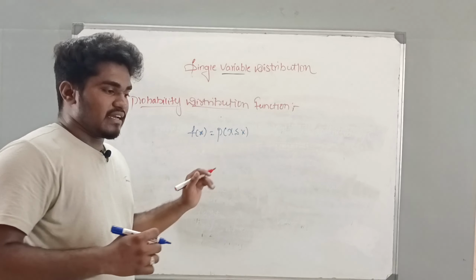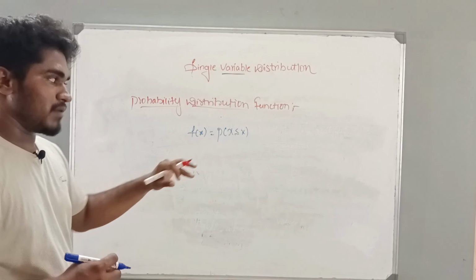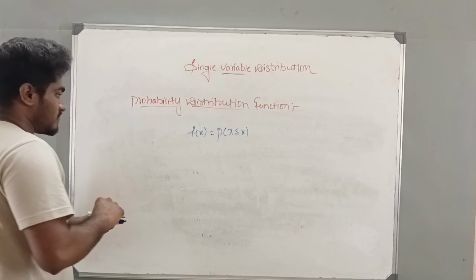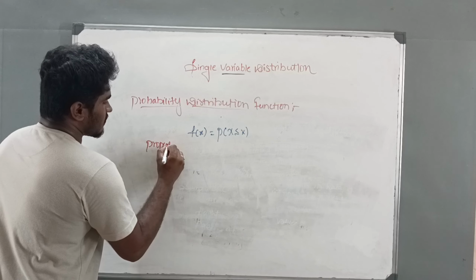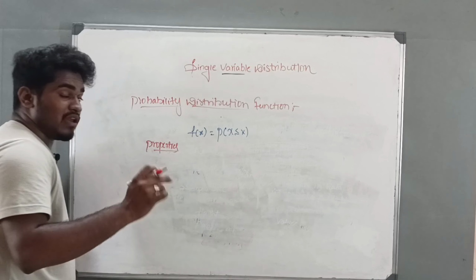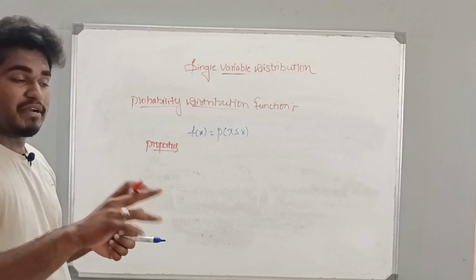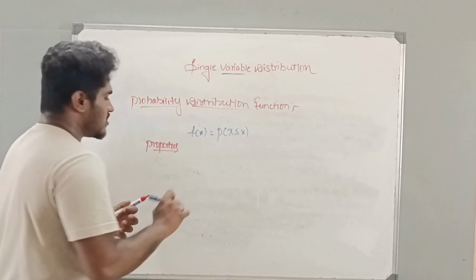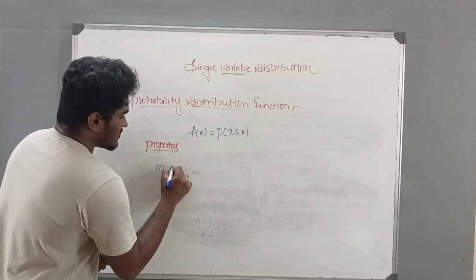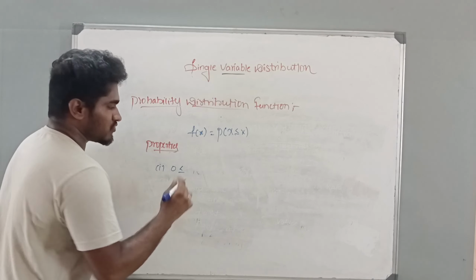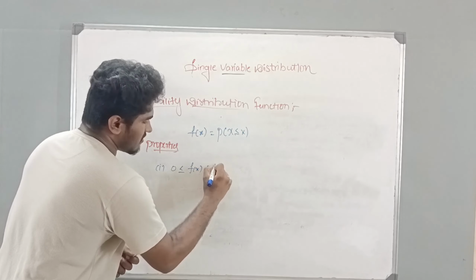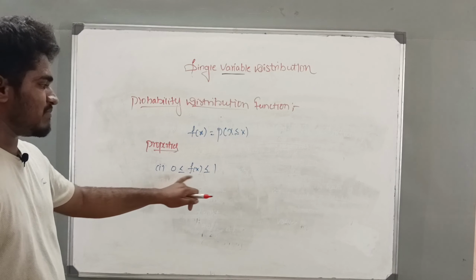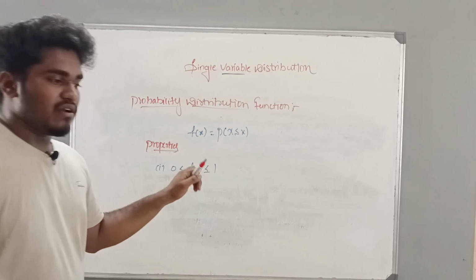It also has some properties. This function value lies between 0 and 1. So 0 is less than or equal to the probability distribution function, which is less than or equal to 1.